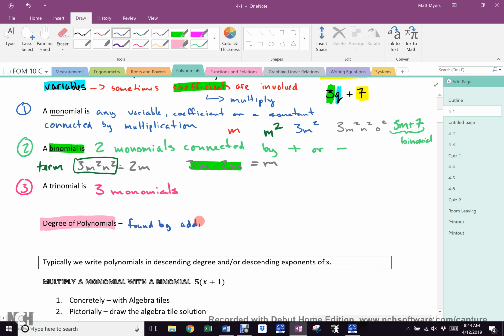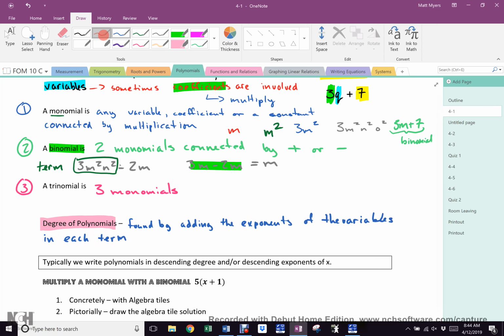Okay. So the degree of polynomials is found by adding the exponents of the variables in each term.